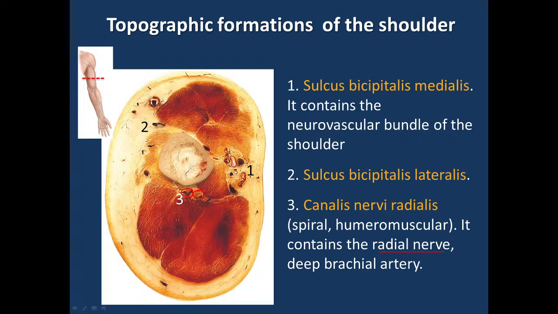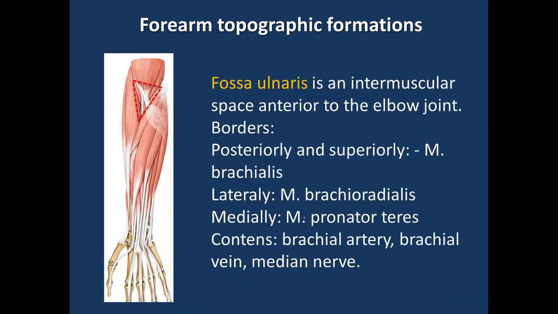They are located close to the shoulder bone, and sometimes during fractures of the shoulder bones, the bone may injure the nerve and vessels located in the spiral canal here.